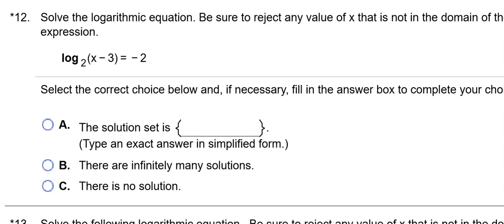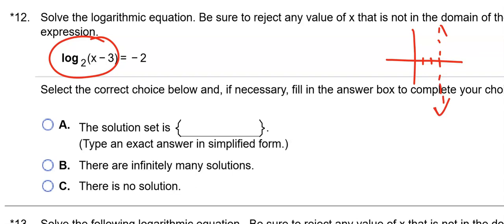Now, just so you're aware, this logarithm function right here has been moved 3 units to the right. So it's got a vertical asymptote at x equals 3. And, oops, that's bad looking. But, right idea. And then it goes like that. Something of that effect.